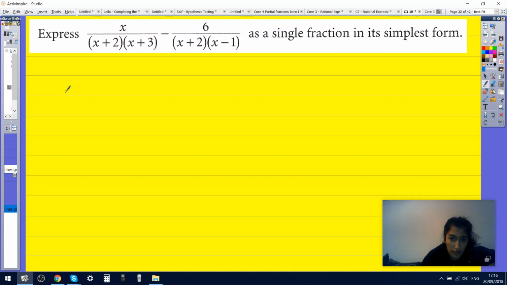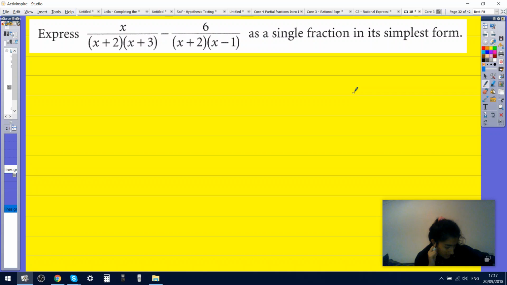Yes, so this is kind of combining fractions forward, and then after this is partial fractions where you're separating them back out again. Yeah, okay, how do you minus again? Oh, same thing, isn't it? Same as add, yeah. Oh my god, it's going to be a lot in one denominator.